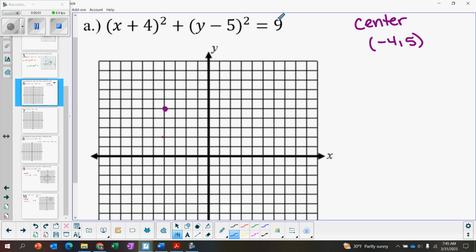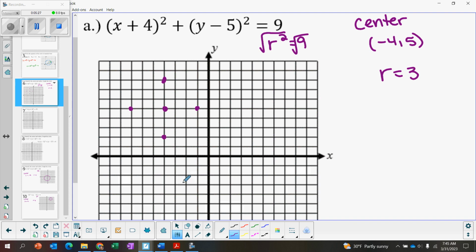And this 9 equals r squared. If I take the square root of both sides, I have a radius of 3. So I'm going to go 3 units away from my center to the right, up, to the left, and down: 1, 2, 3, 1, 2, 3, 1, 2, 3, and 1, 2, 3.